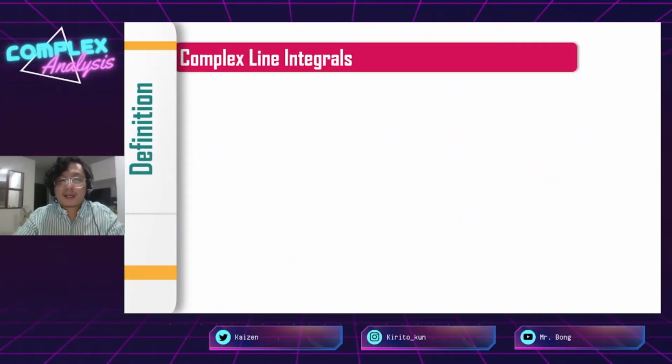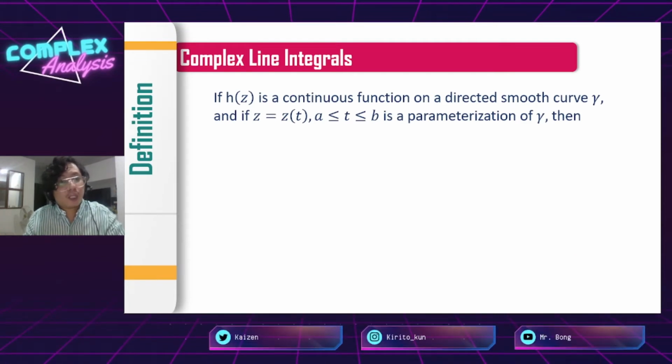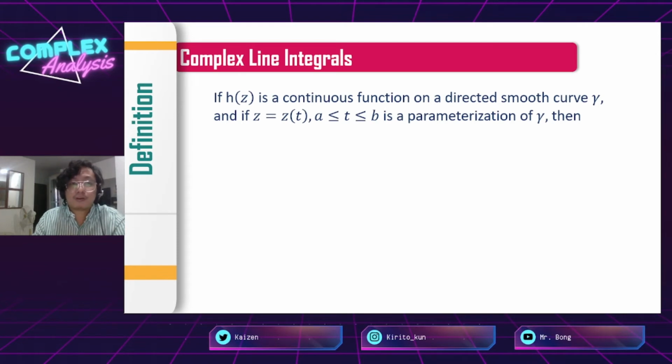We can also define the complex line integral by using a function that is continuous on a directed smooth curve gamma. Note here that a smooth curve is simply a curve that does not cross itself and has no sharp corners.